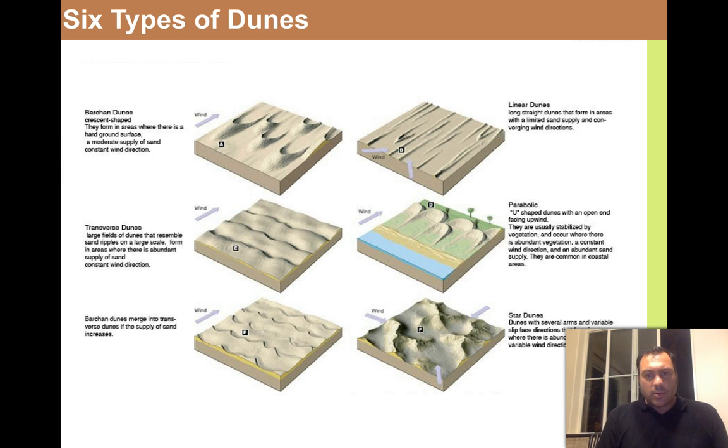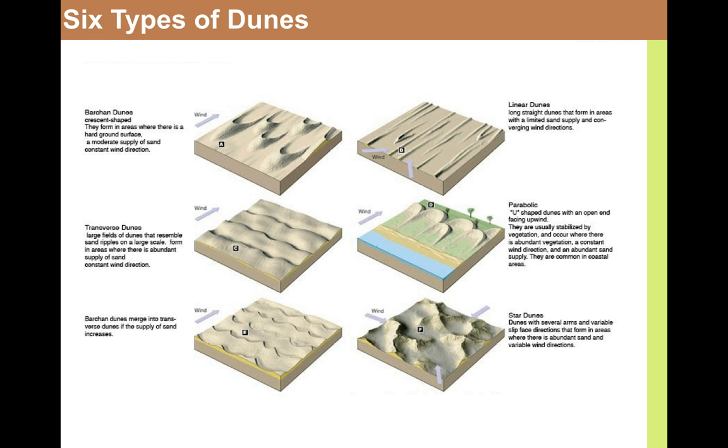All right, I don't want to belabor this slide too much, but there's 6 different kinds of dunes. What they're really dependent upon is a couple of different factors. For example, vegetation. If you want, you can go ahead and pause it and read the captions we have located in here. But essentially, for example, between A, C, and E, we have transverse dunes as being the C, Barkan dunes as A, and then we have another one over here.